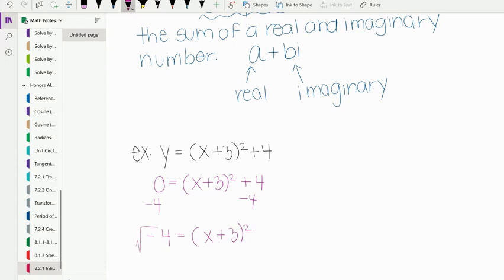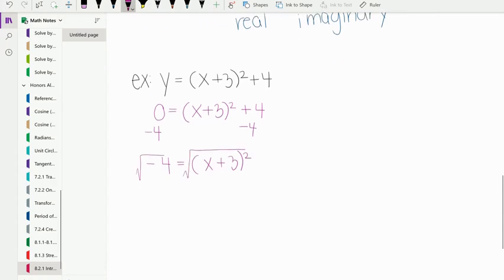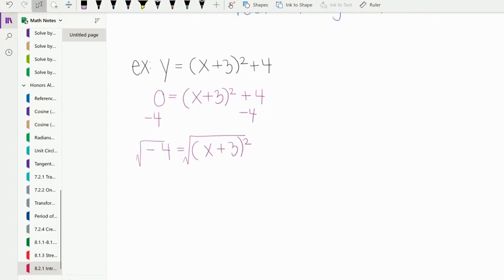Then we would square root both sides. Automatically I know I have to have plus or minus, and I also know it's going to be imaginary. So this would be plus or minus 2i equals x plus 3. The last step would be to subtract 3. And to keep it in complex number form, a plus bi, you put the real part first and then the imaginary part. That's how you write complex numbers.